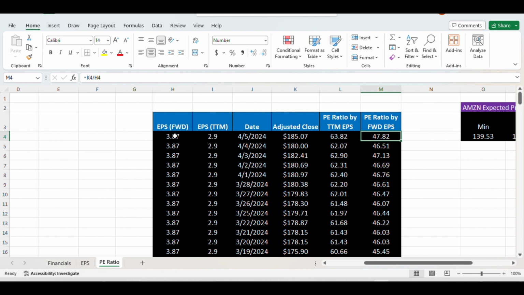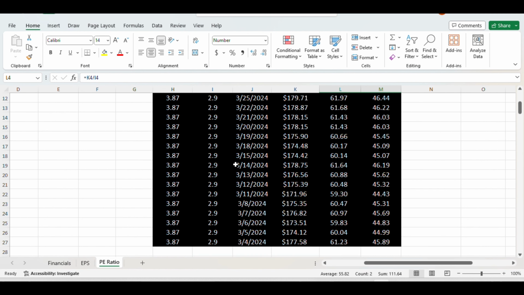The forward EPS is basically this quarter's earning actuals plus next 3 quarters earning projections. EPS trailing 12 months is this quarter's earning actuals plus last 3 quarters earning actuals. Then using those values, I calculated the PE ratio TTM and the PE ratio forward.